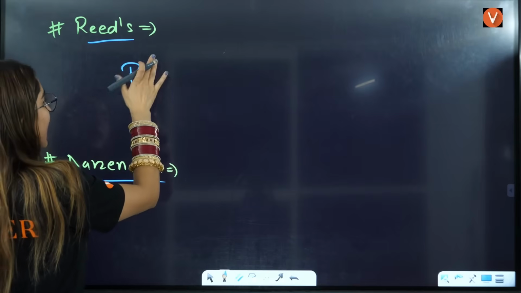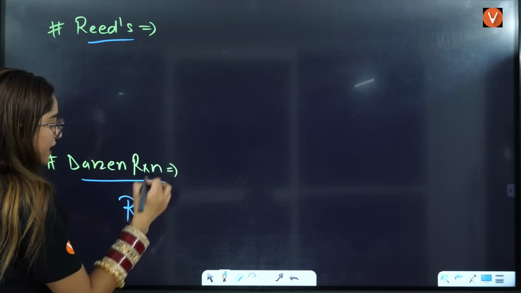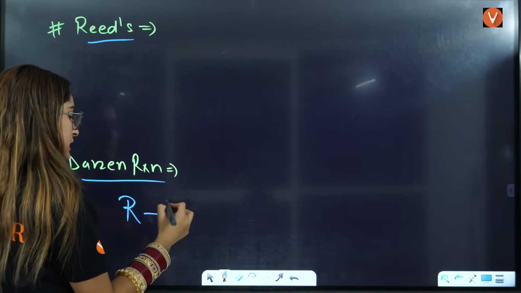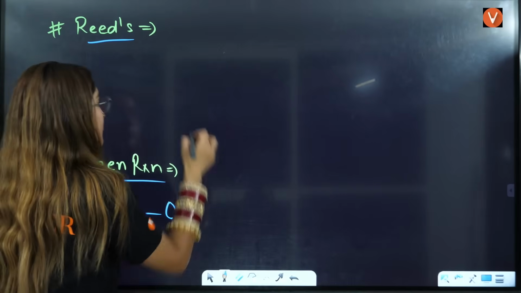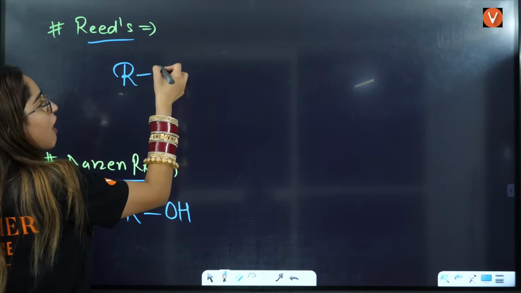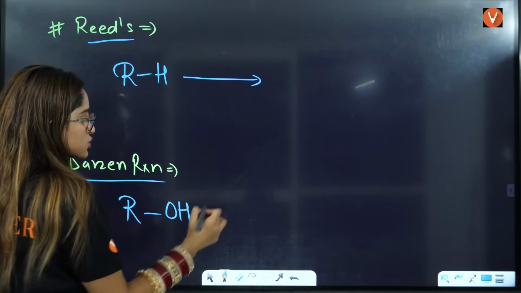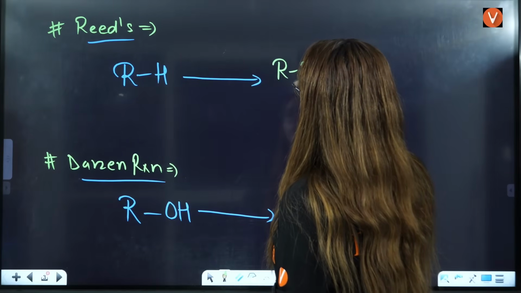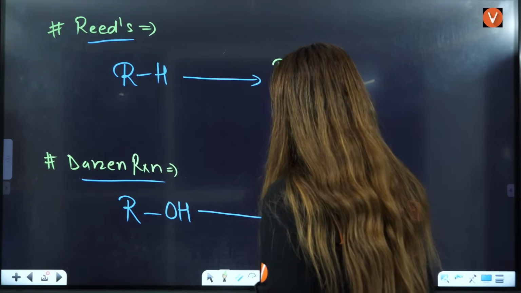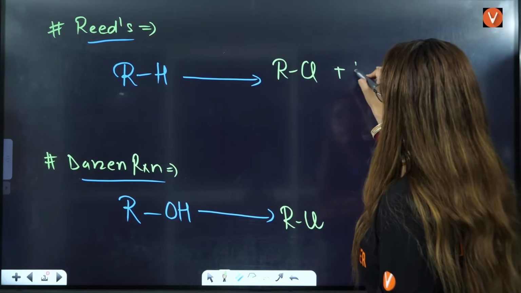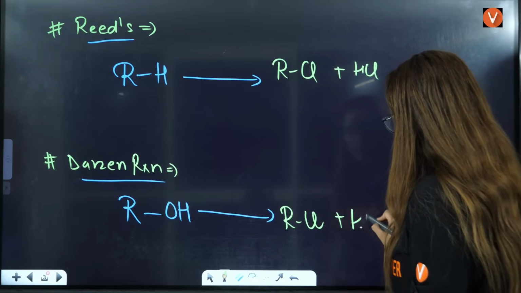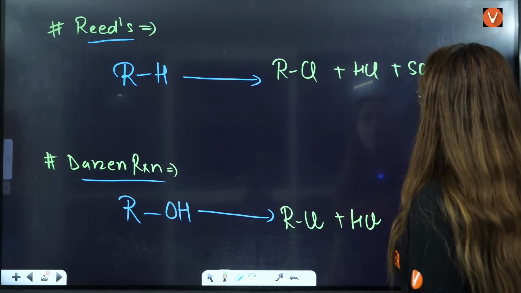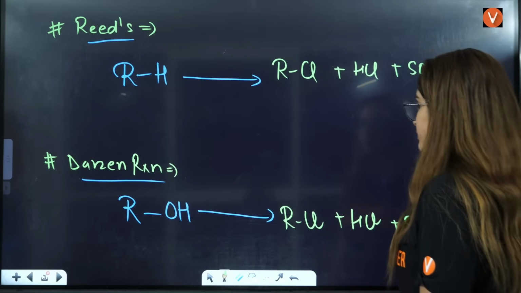So in Reed's reaction, in Darzens reaction, you have OH here, right? And in Reed's reaction, you have RH, right? So in both the cases, you will have the formation of RCl. You will have HCl, you will have SO2, right?